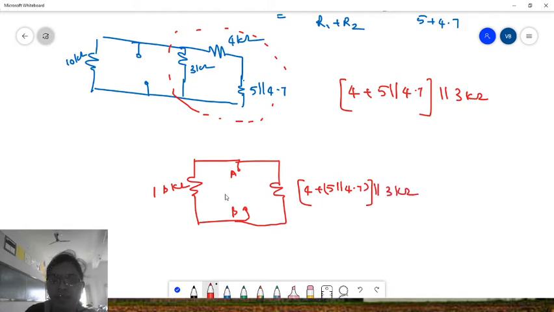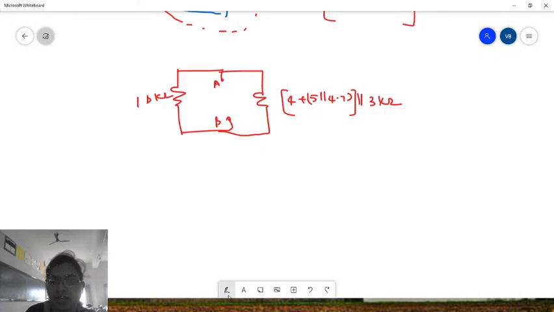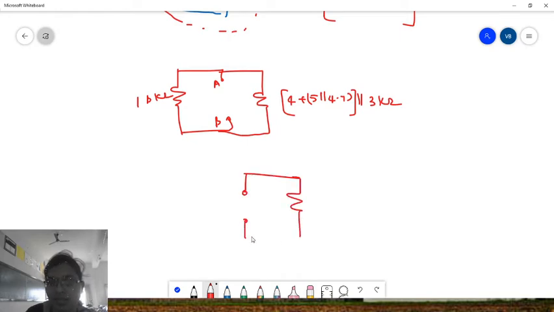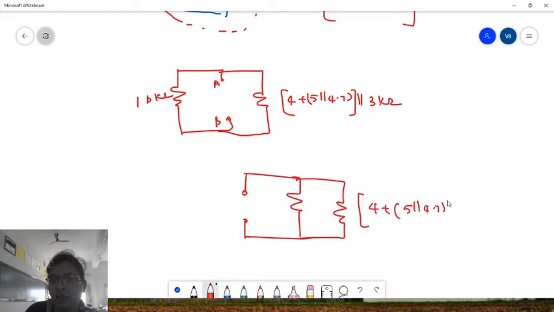So now you observe how these two are connected. I can draw like this. These two terminals I'll draw outside, here A and B. So here I'll take the 10 kilo ohm resistor, and here I am going to take this equivalent resistance, that is 4 plus 5 parallel to 4.7, and that is parallel to 3 kilo ohm.